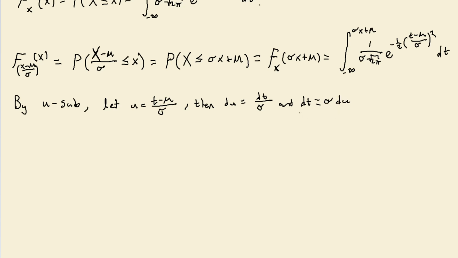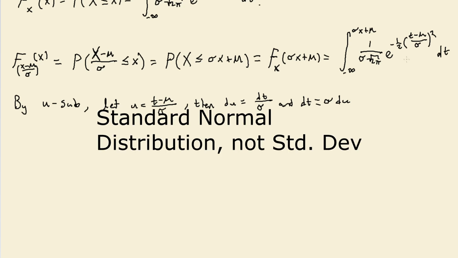And so by making the substitution, I will clean this up and turn it into just one variable, and I will also simultaneously get rid of this sigma here by multiplying by sigma du. And I'll be left with something that looks very similar to the cumulative distribution function for the standard normal distribution.